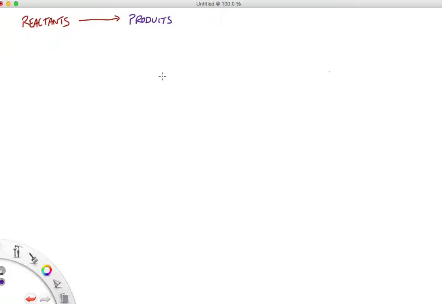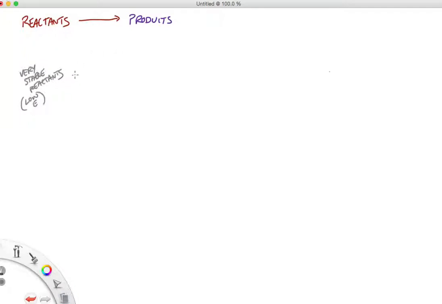Now, if these reactants are very, very stable, it's going to take some energy to turn them into products. So let's just assume that these reactants are very, very stable. When we say very stable, what we really mean is low energy.